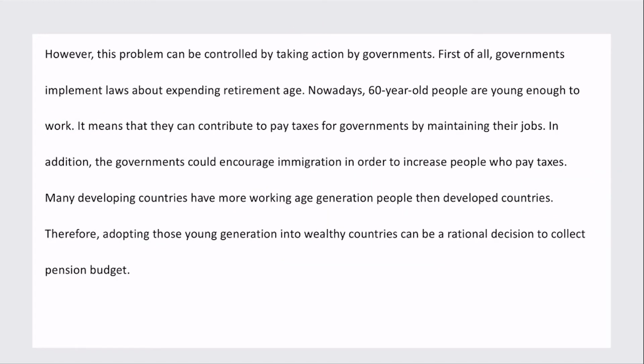"However, this problem can be controlled by taking action by governments." Okay? So we've got a good transition here. We've got the "however" signaling that we're moving on to the solutions. "This problem can be controlled by taking action by governments." This is too passive, and it's the "taking action"; it's the wrong tense here.